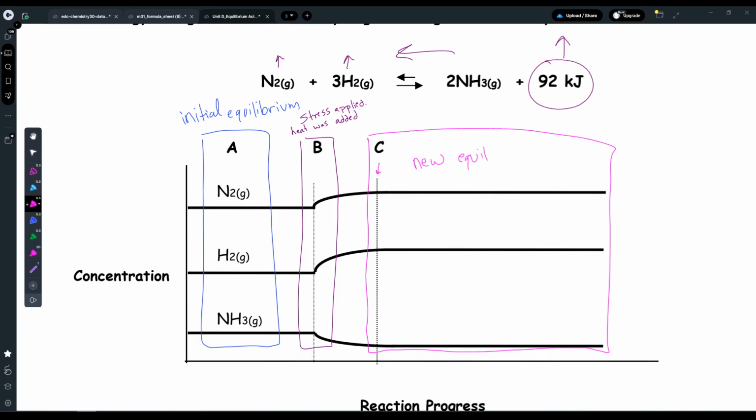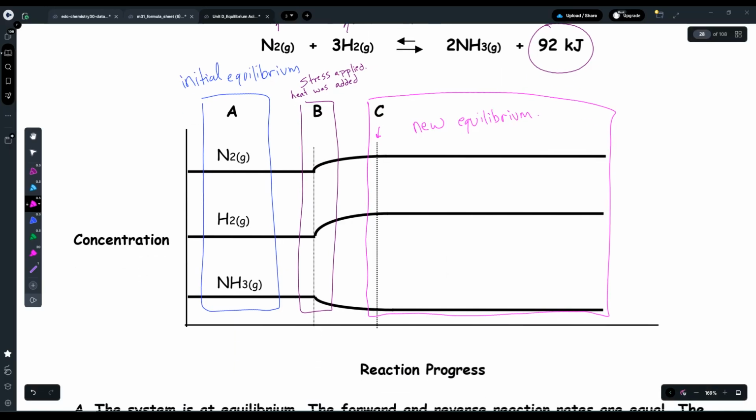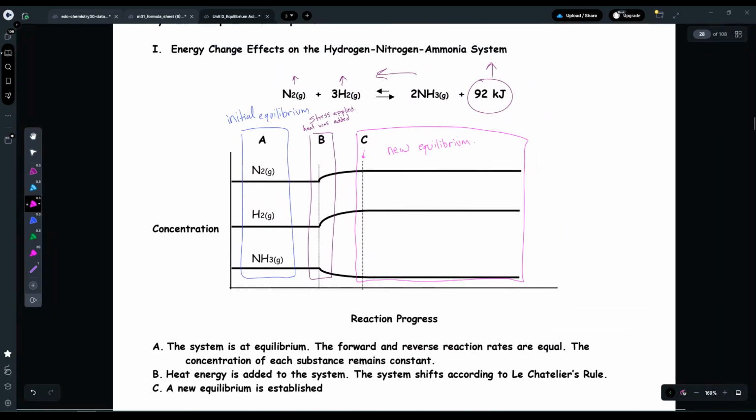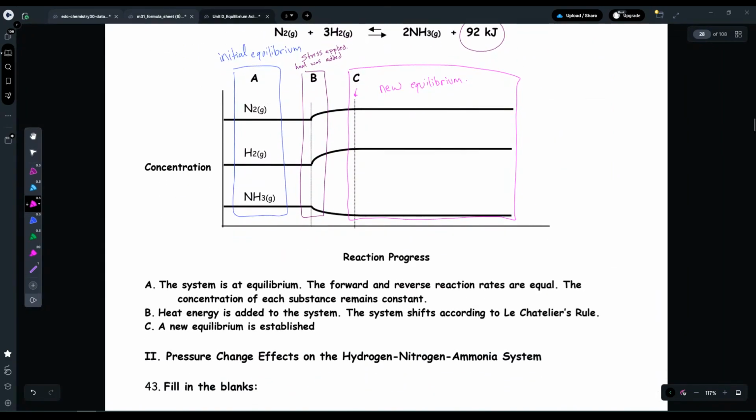So that is the beginning point of the newly established equilibrium. Okay, so everything underneath here just says what I said already.